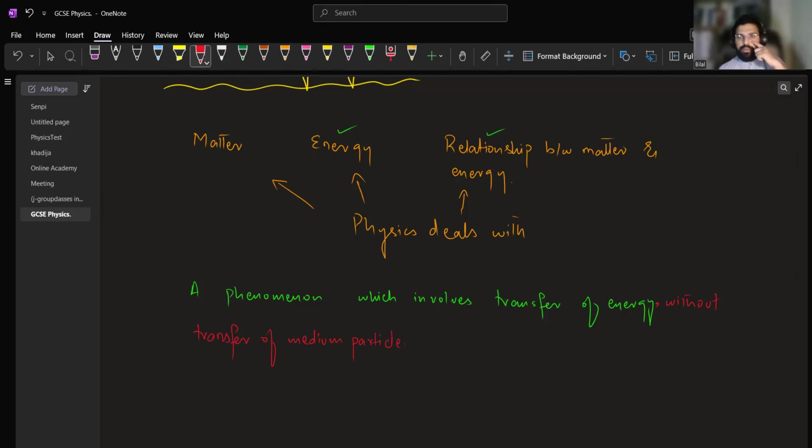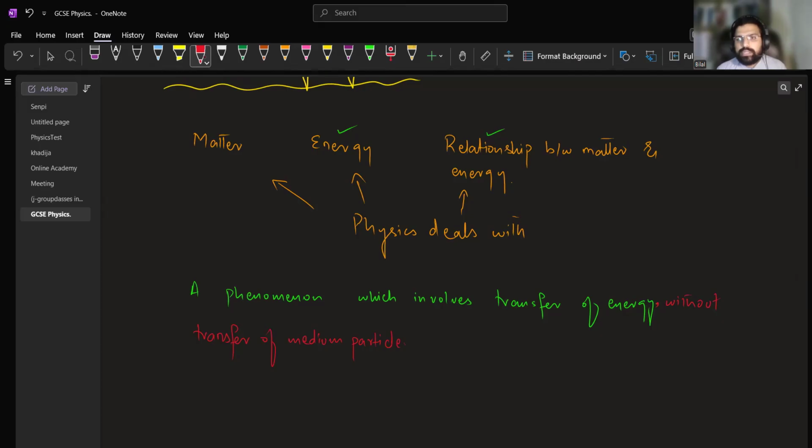For example, if you're talking about water waves, the water particles are actually not leaving their position. They stay at their position, and it is the energy which is moving or propagating. Whether the medium is water, air or anything else, the particles of the medium stay at their position. A student thinks that if I'm speaking and a listener is standing in front of me, the air closer to my mouth will propagate, and those particles will travel to the listener.